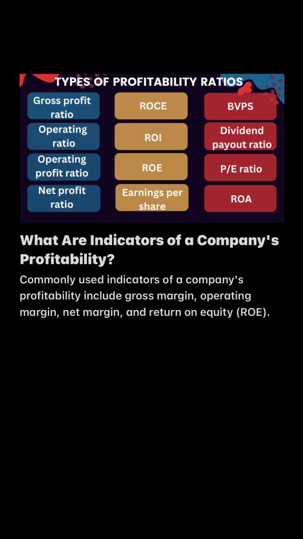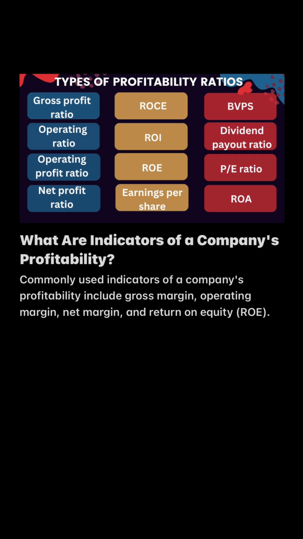And finally, the big one that is on everybody's mind is profitability. When you're talking about profitability ratios, you're talking about commonly used indicators of a company's profitability that include gross margin, operating margin, net margin, and return on equity. And as you can see from the chart, we're talking about gross profit ratio, operating profit ratio, net profit ratio, and then you've got your ROCE, your ROI, your ROE, and your earnings per share.